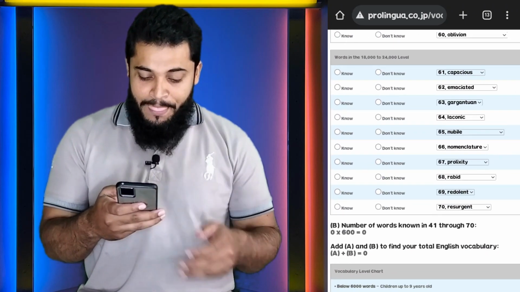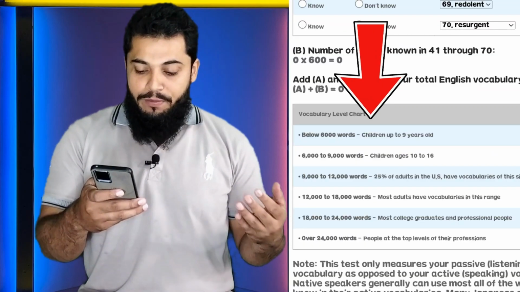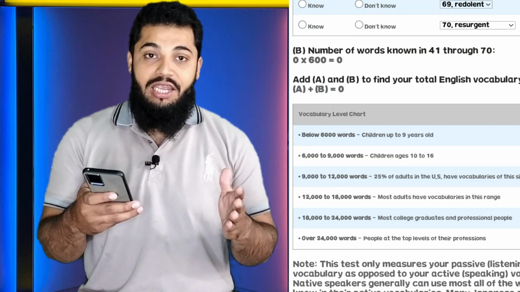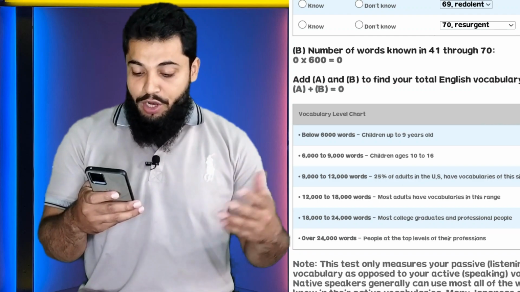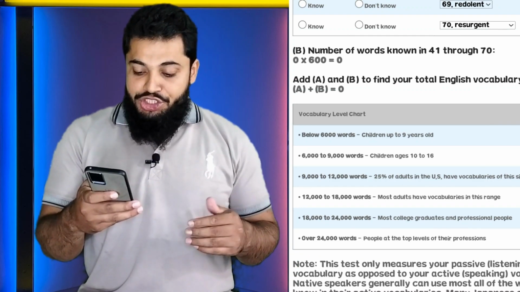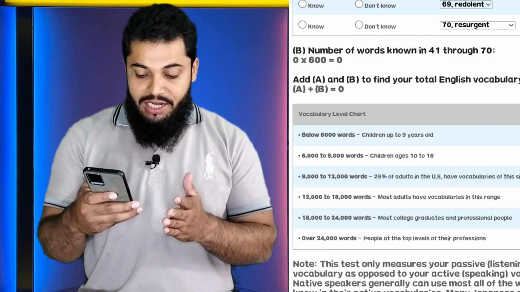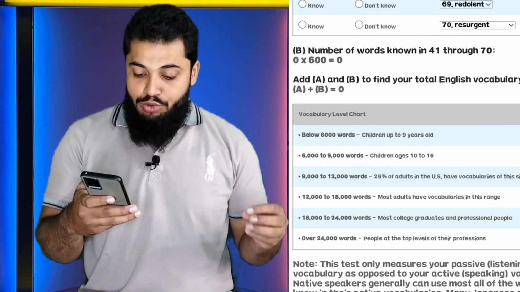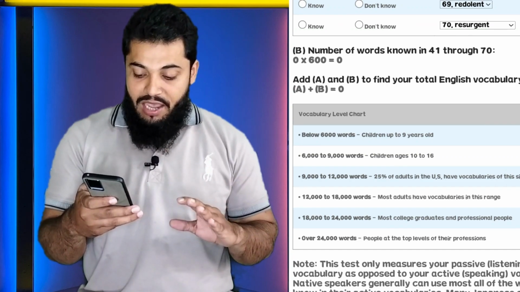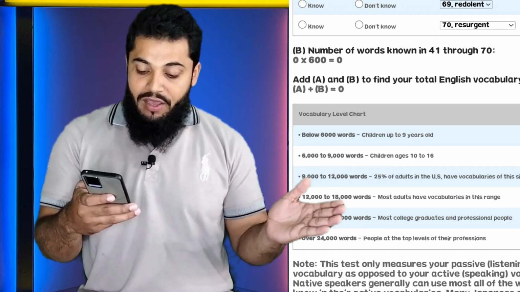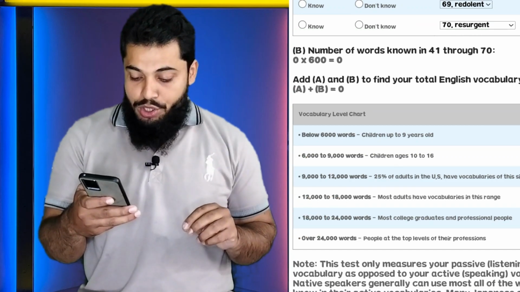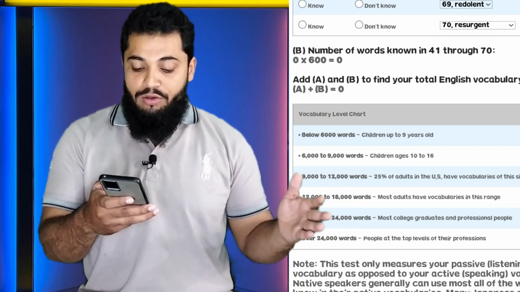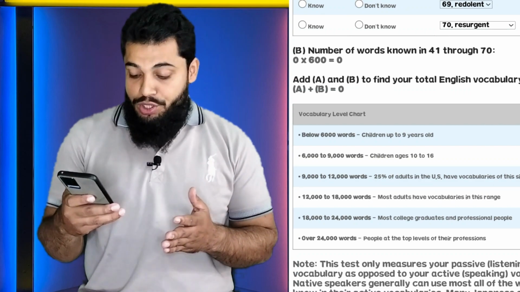It shows that children up to 9 years old have below 6,000 words in their vocabulary box, and children ages 10 to 16 have 6,000 to 9,000 words. 25% of adults in the US have vocabularies of 9,000 to 12,000 words, and most adults have vocabularies in the range of 12,000 to 18,000 words.